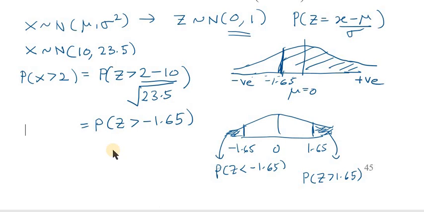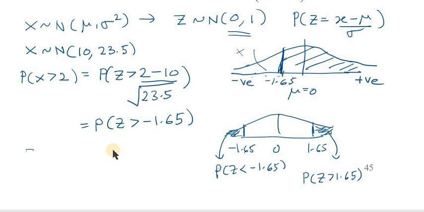So we need to use the normal probability properties. We know that the area under this curve, if we integrate the PDF, will be 1. So here is all 1, then we want to minus this area, which we don't want to include in the calculation.